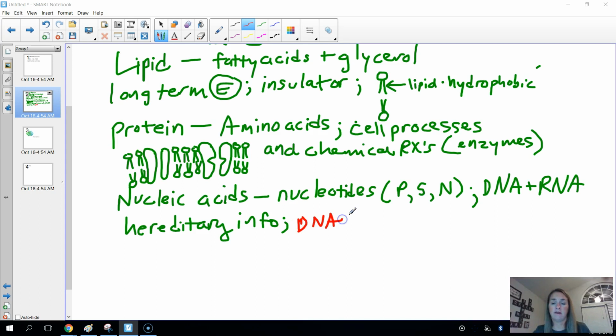The DNA is inside the nucleus, and it cannot leave the nucleus.